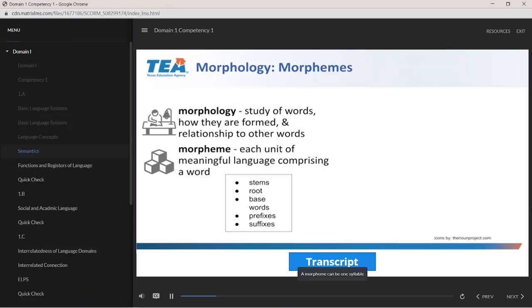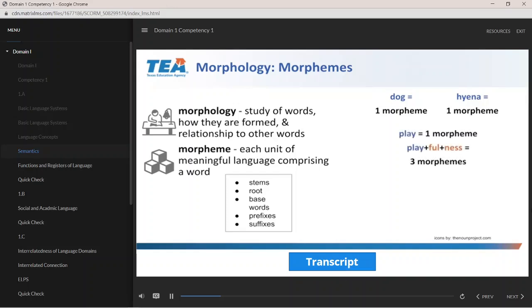A morpheme can be one syllable, like dog, or more than one syllable, like hyena. The whole word can be a single morpheme, as in play, but there can be more than one morpheme in a single word, such as in playfulness, which has 3 morphemes.